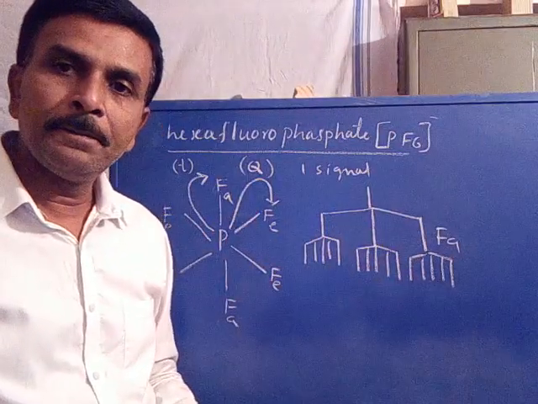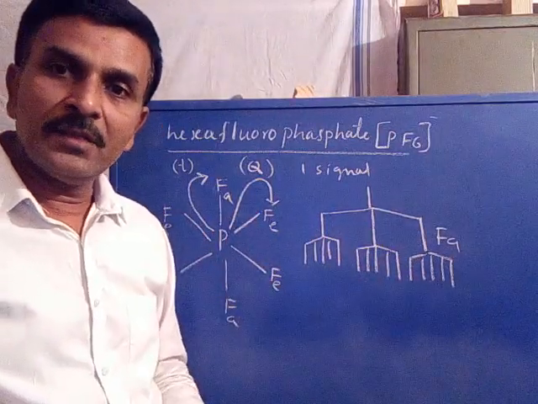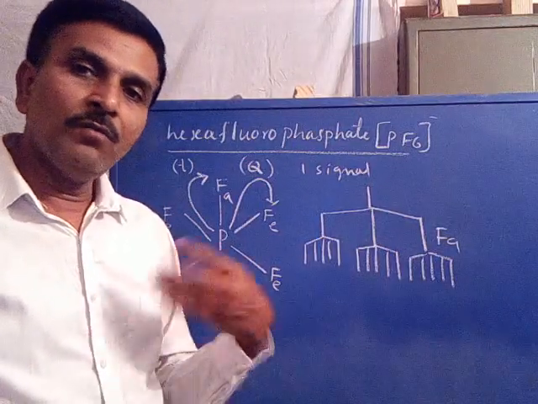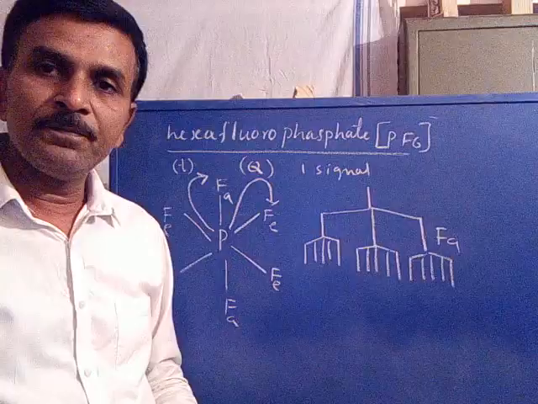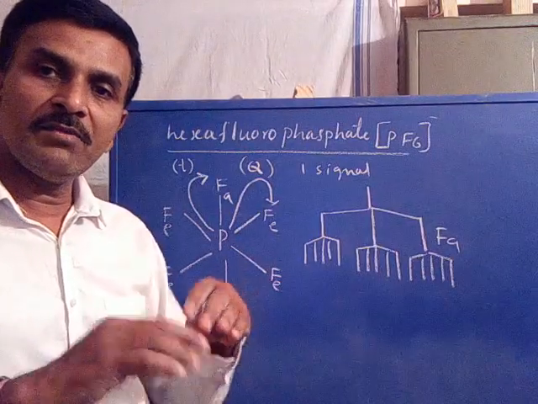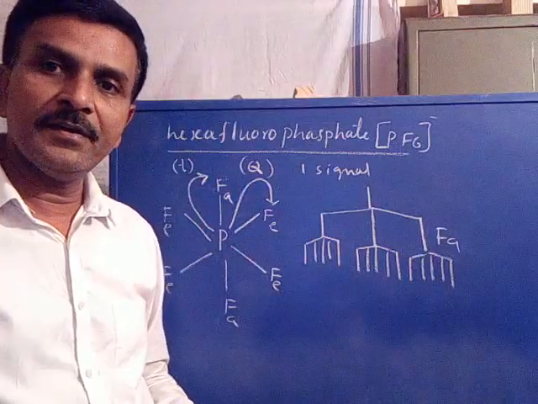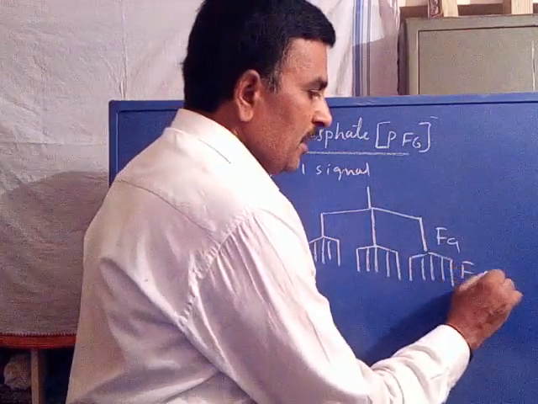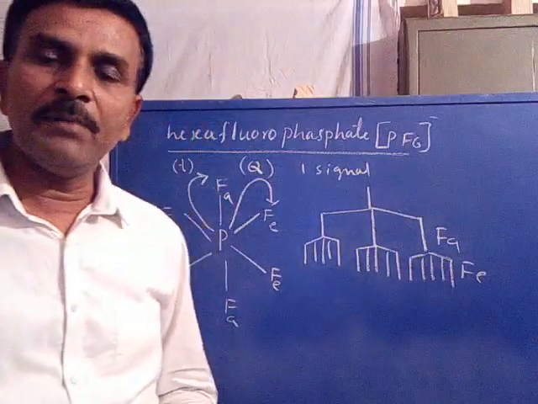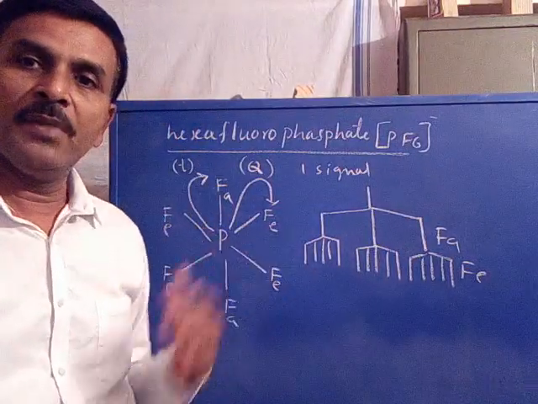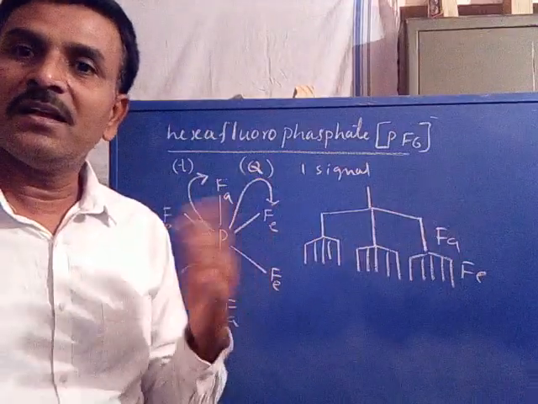Further, when coupled with equatorial fluorines, there are 4 equatorial fluorines, 4 plus 1, it becomes 5. So every line of the triplet signal is further split into a quintet. This is due to FE coupling. So, in brief, the phosphorus present in this complex appears as one signal.